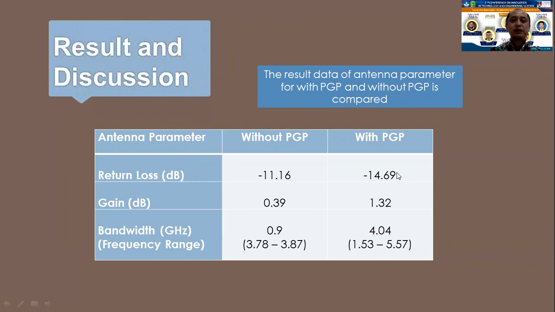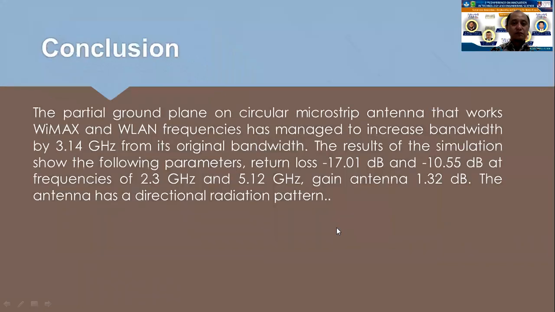Antenna with PGP has a smaller value than without PGP, and the gain in antenna with PGP is better than without PGP. And also, of course, the bandwidth of antenna with PGP is wider than without PGP.